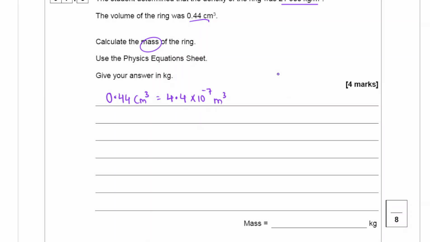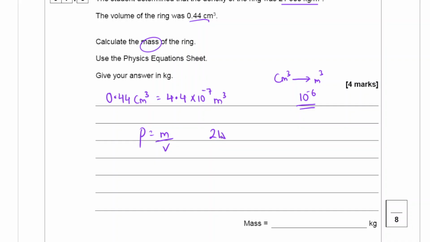Now centimeter cube being converted to meter cube is going to be less, and it's by a factor of 10 to the power minus 6. So because it was 0.44, it increased by 1 decimal place in the negative side, and we write it as 4.4. So density equals mass over volume.